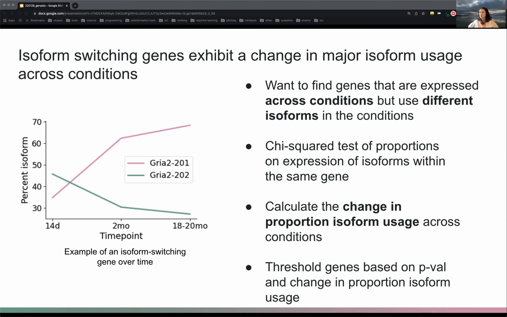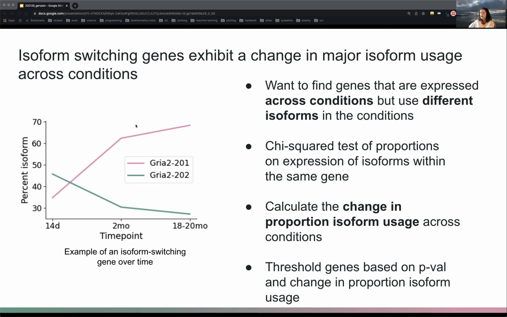And so here's a really nice example that I'm showing in the bottom left of this slide, where for this isoform switching gene over time, essentially the majority of the expression of the gene can be attributable to this green isoform at this earlier time point. Whereas as time moves on, it switches such that the predominant isoform contributing to that gene's expression is now the pink isoform.